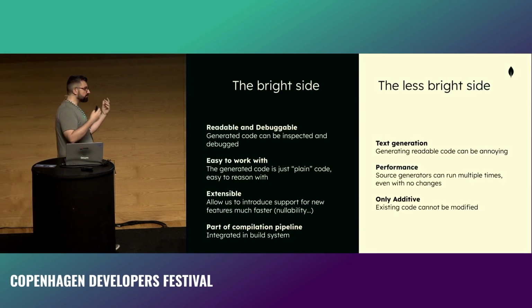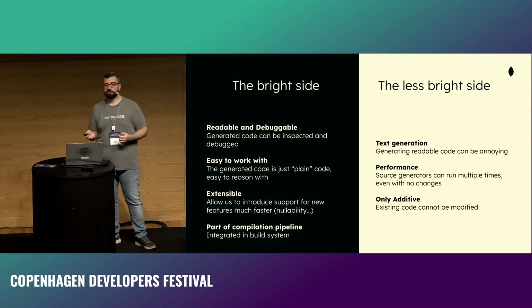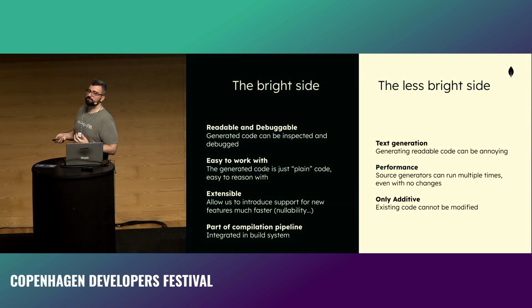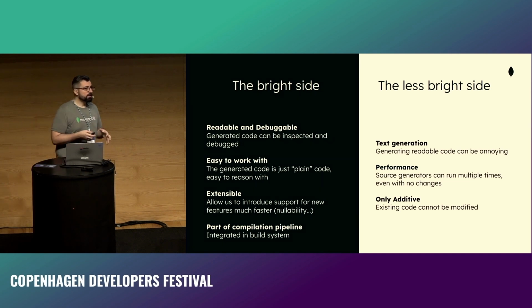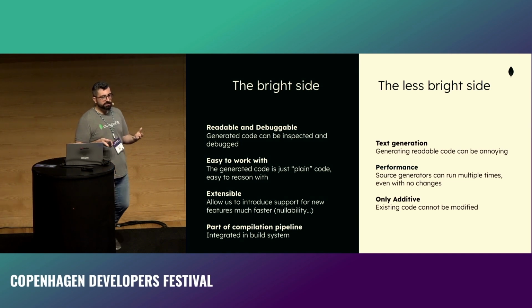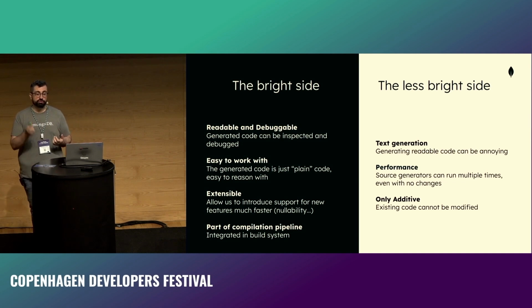So we think that the move to source generators was super nice for us, because source generators have a lot of advantages over IL weavers. First of all, the code that you are generating is readable, because it's just C# code. You should be able to read C# code. It's something you can read from your IDE, and it's debuggable.